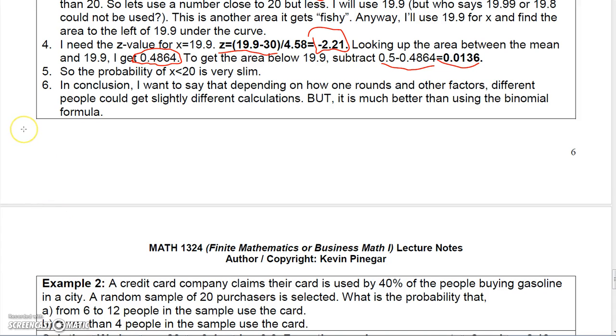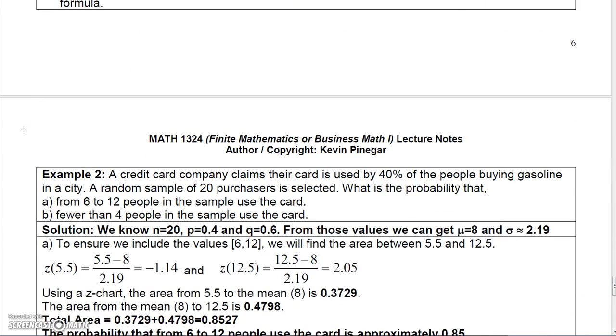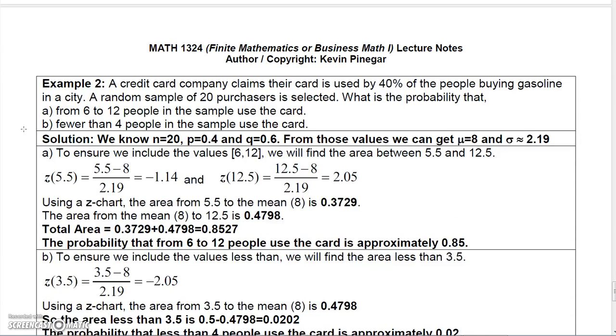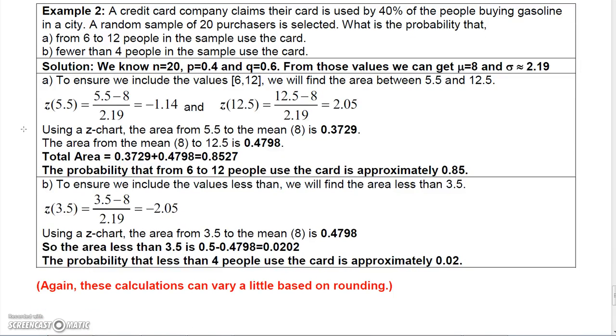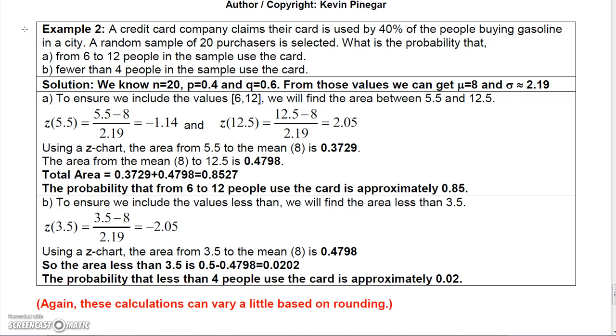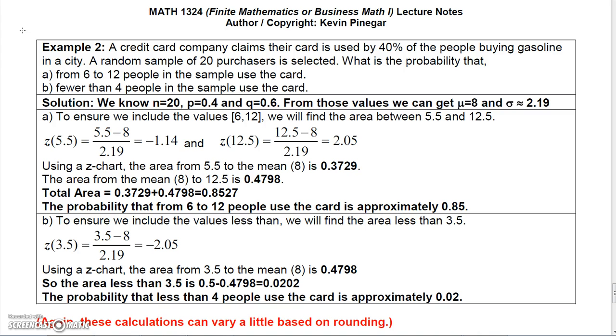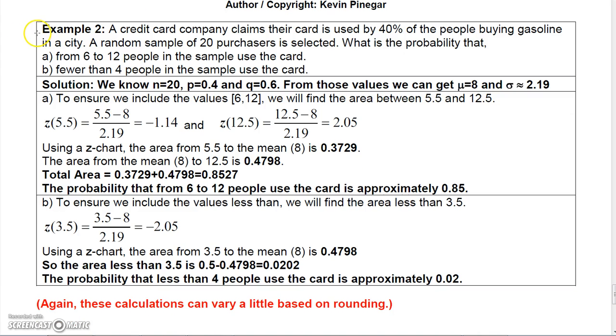I'll end this video by letting you freeze it on a second example that I did, and then you can read it and work through it. Again, there's quite a bit of ambiguity on how far you round decimals when using a normal distribution to approximate a binomial distribution, but it shouldn't be off too much if you round to one place or two places.